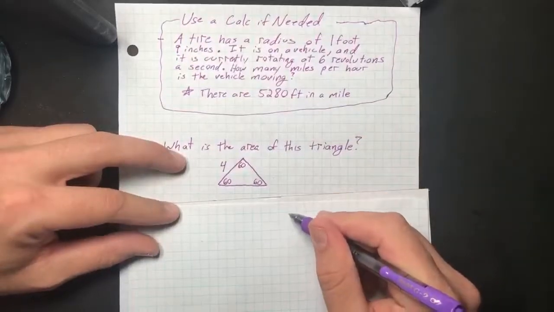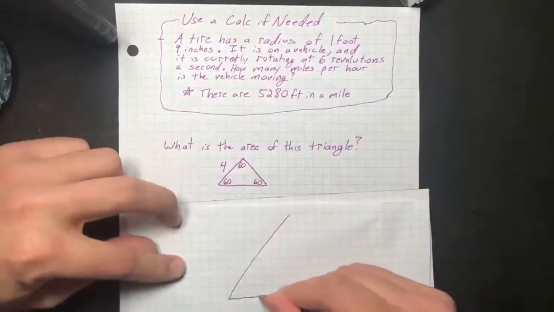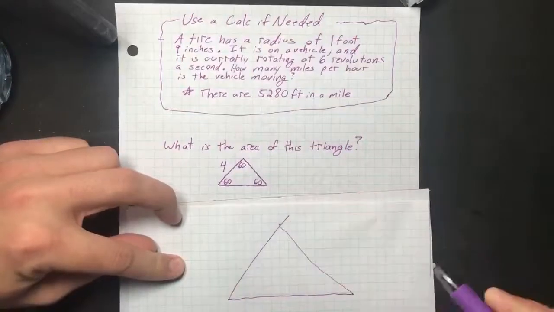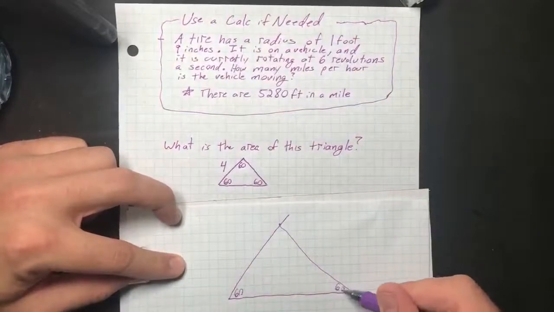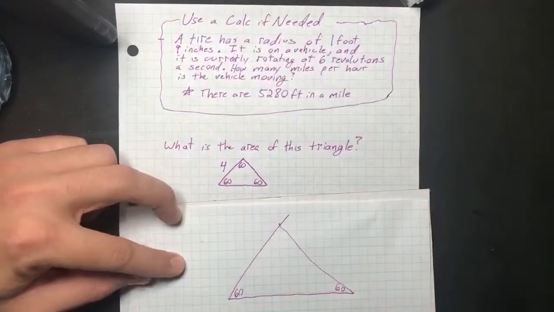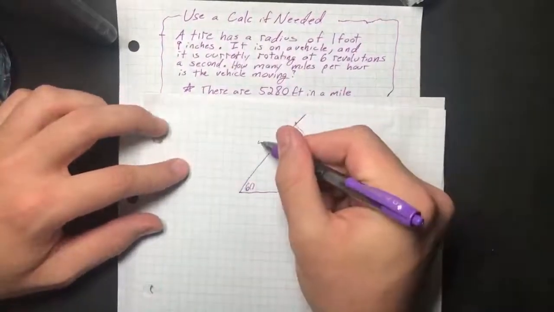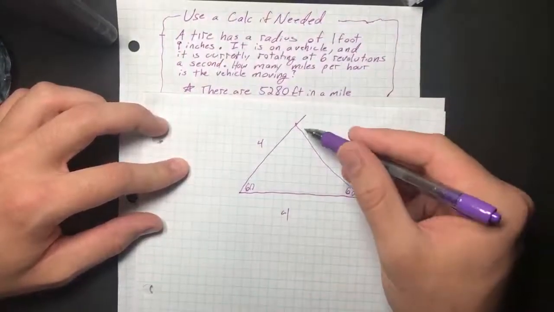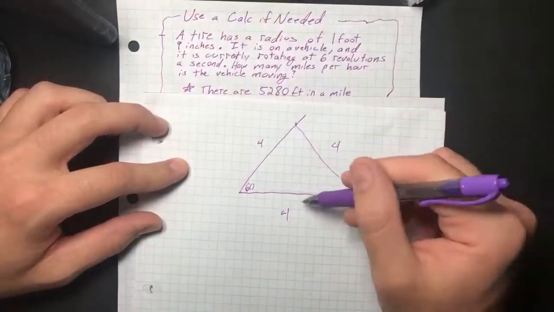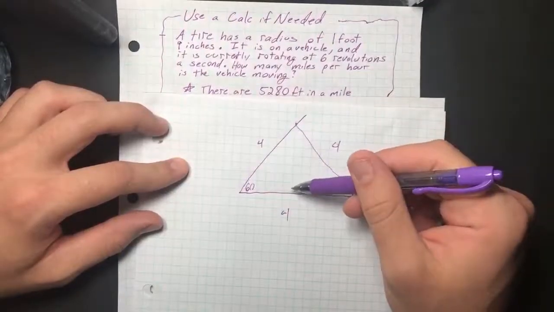So let me draw this a little bit bigger so we can have a better idea of what's going on inside of it. We know that each angle is 60, which means all the side lengths are the same. So this is 4, and this is 4, and this is 4. There's no way to find the area with just the 3 sides of a triangle. We need height.